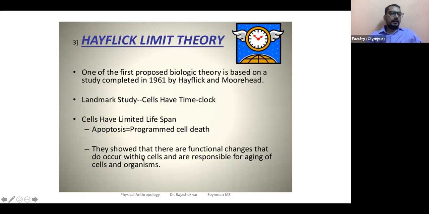After that lifespan, they undergo what is called apoptosis. Make a note of this word. Apoptosis means programmed cell death.